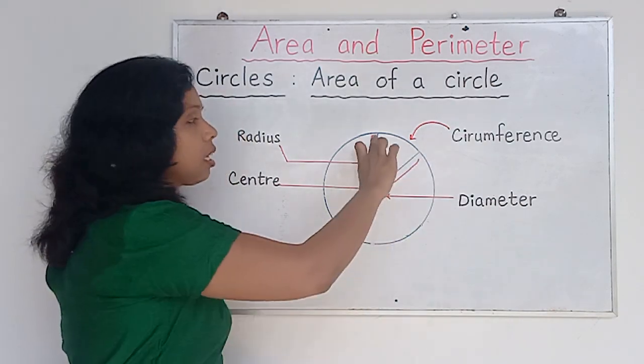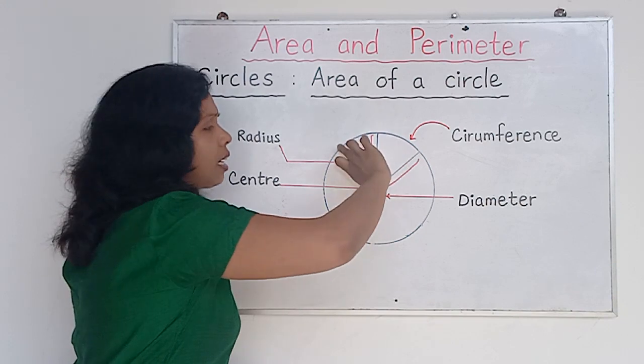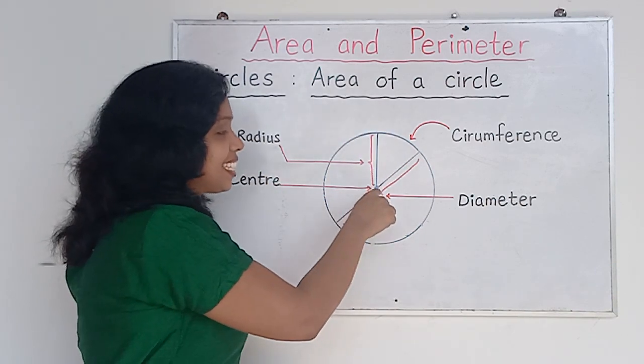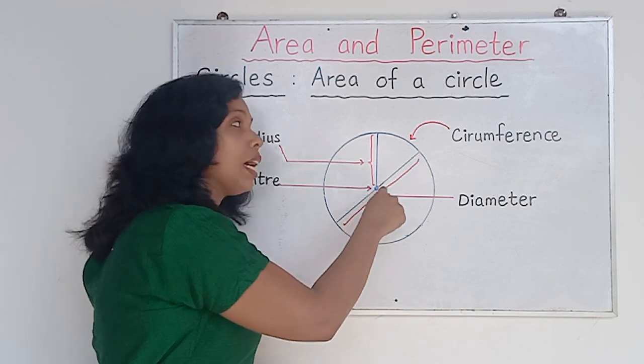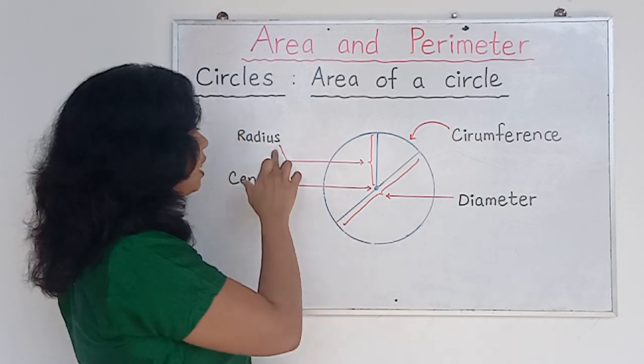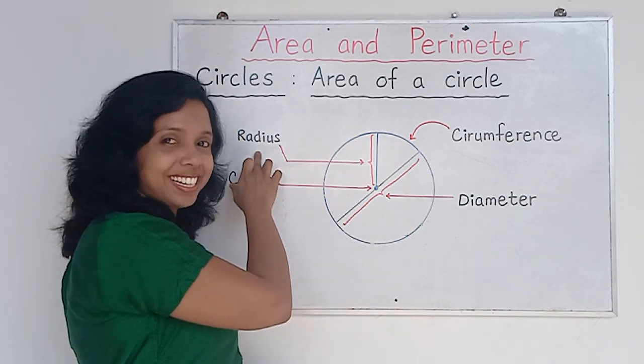And any straight line joining the center to a point on the circumference we call the radius.